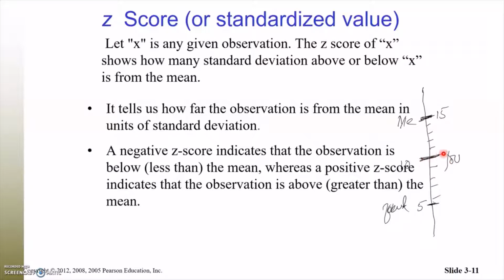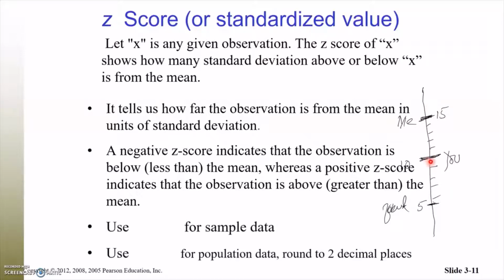And if the z-score is 0, the observation is actually the mean itself. So that's how you can identify the position of an observation with respect to the mean, whether a value is above or below it, and by how many standard deviations. The yardstick is the standard deviation.